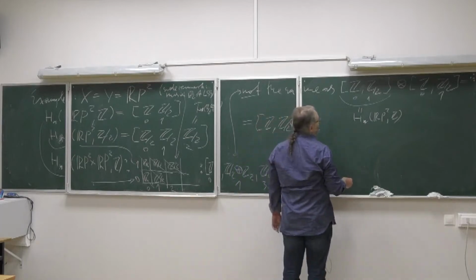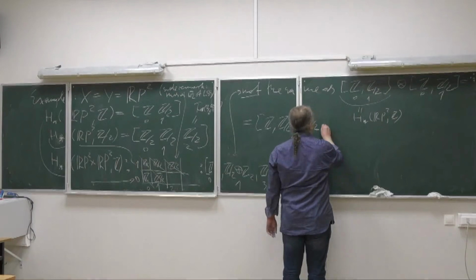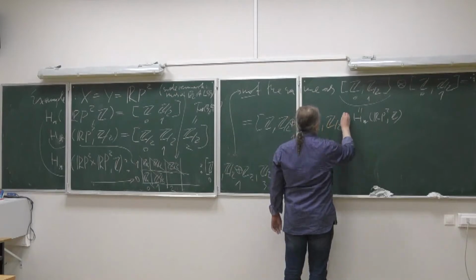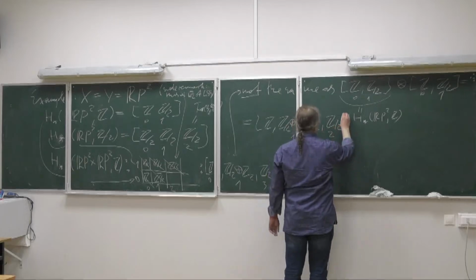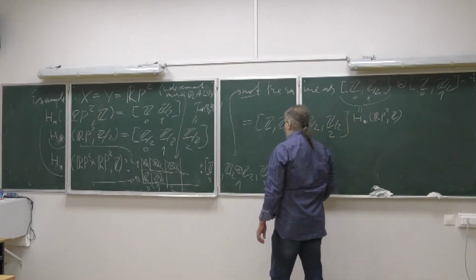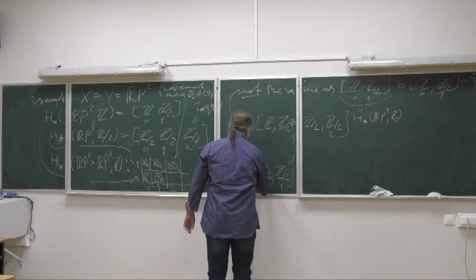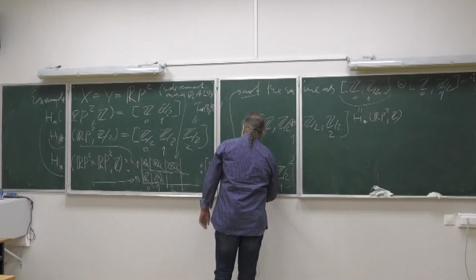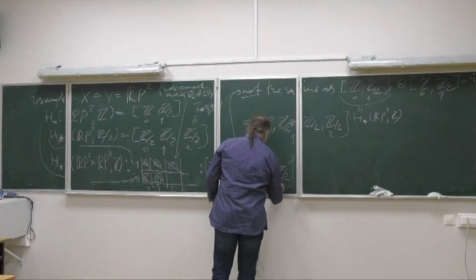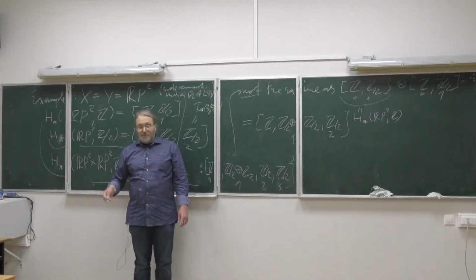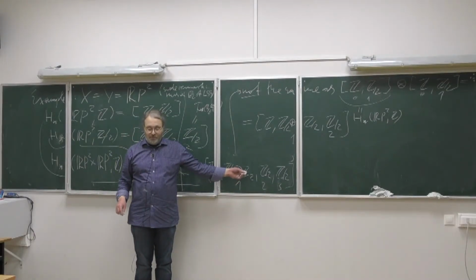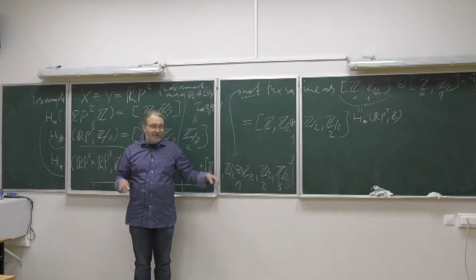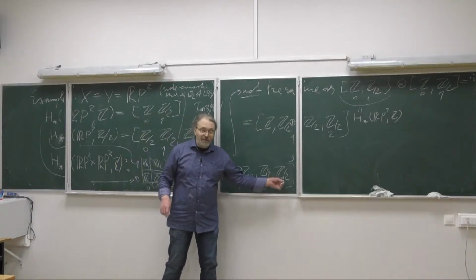and Z/2 in degree 2. Oh, sorry, this is nonsense. 1, 2, 3. I can't count to 3, but now I can. 0, 1, 2, 3.